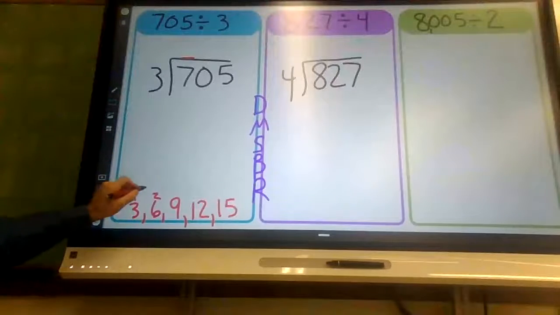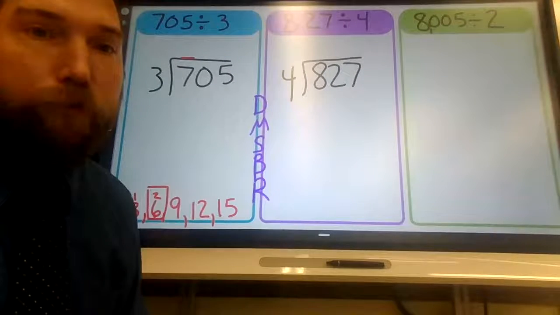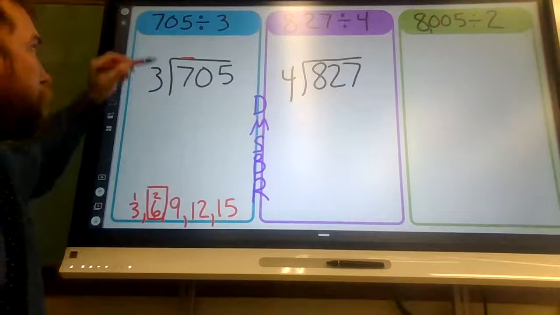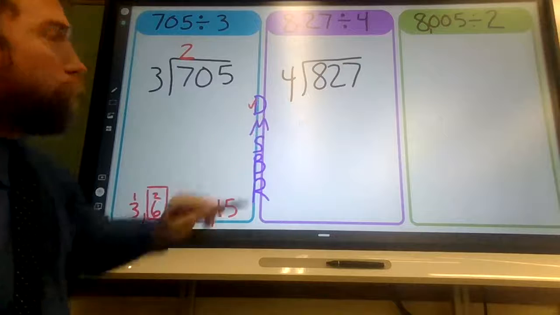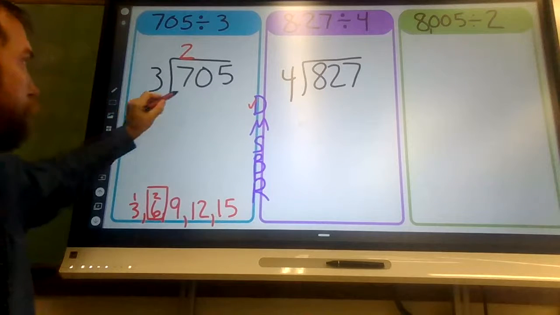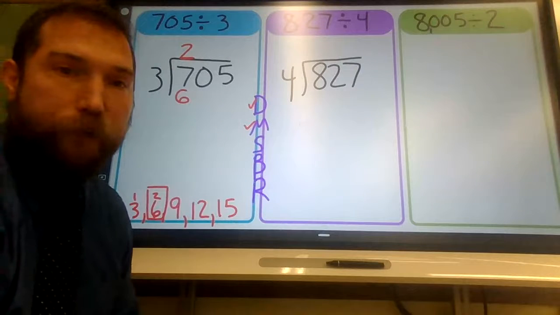This is my two important pieces of information. 2 times 3 is 6. That's as close as I can get to 7. So the 2 goes up top, because that's my D, the groups that I made. M, the 6, goes underneath. That's how many I already used.